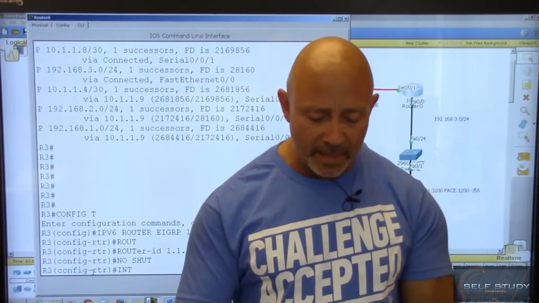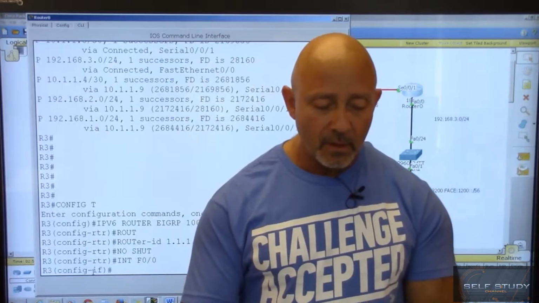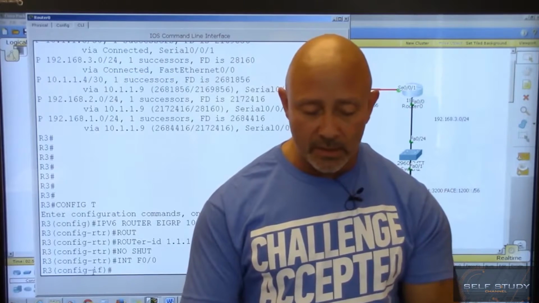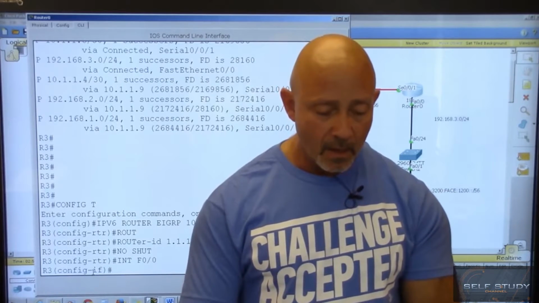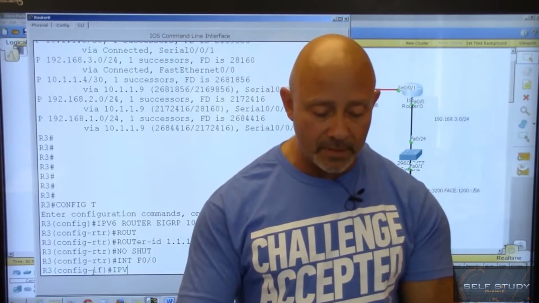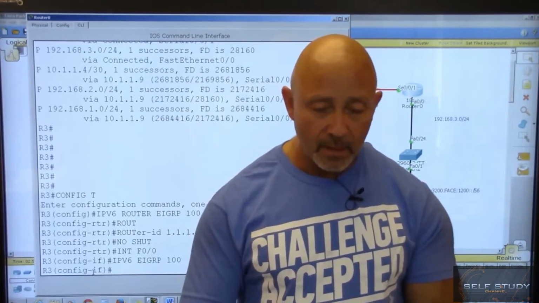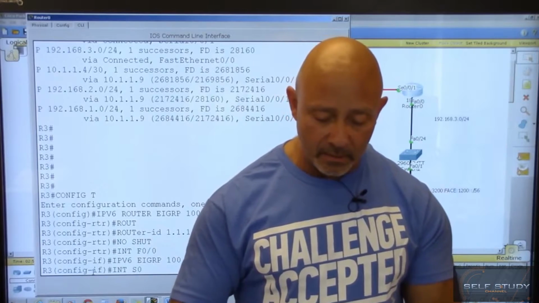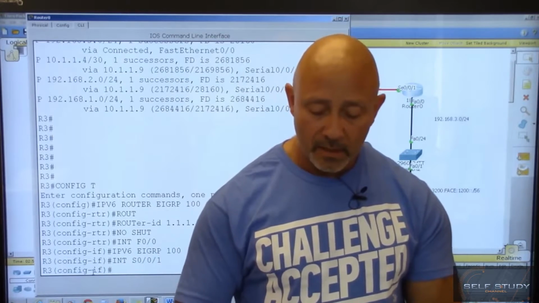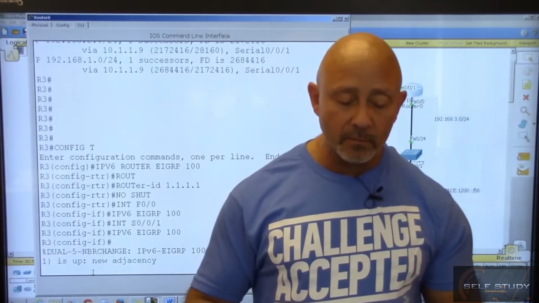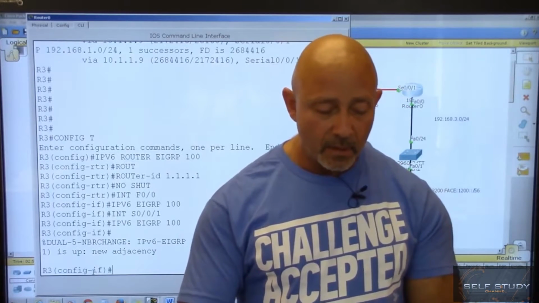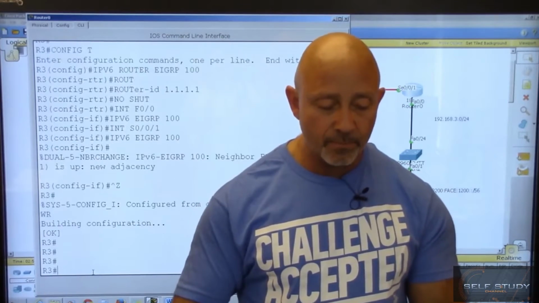Interface, let's do the LAN first, F0/0. Why? Because I don't want that adjacency to pop up yet. IPv6 EIGRP 100, and then interface S0/0/1, IPv6 EIGRP 100, boom, adjacency. Control Z, WR.